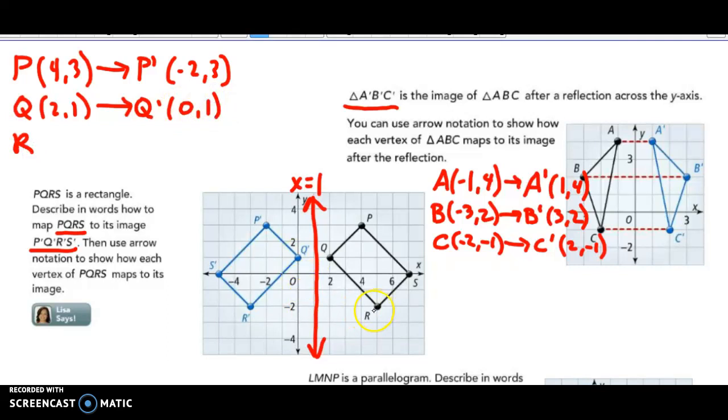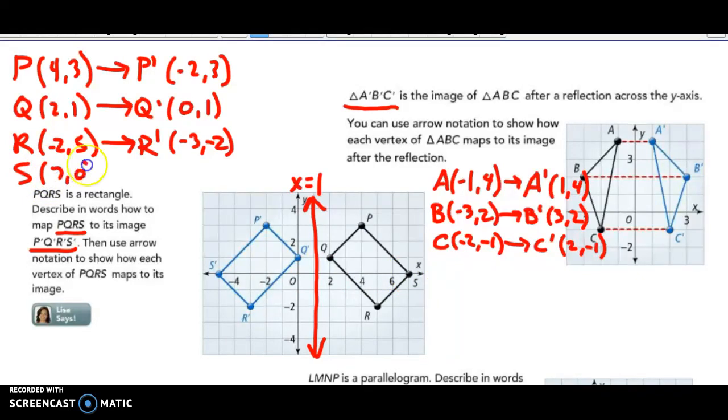Point R is at -2, +5, and that maps to R prime, which is at -3, -2. And S, which is at 7, 0.